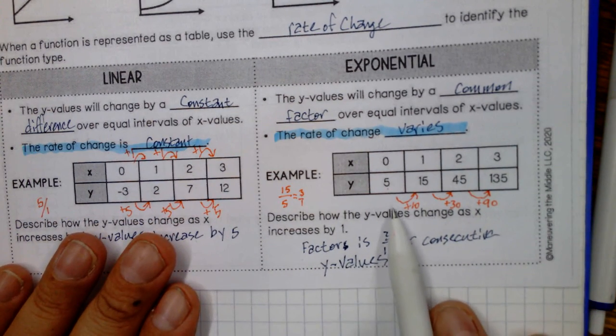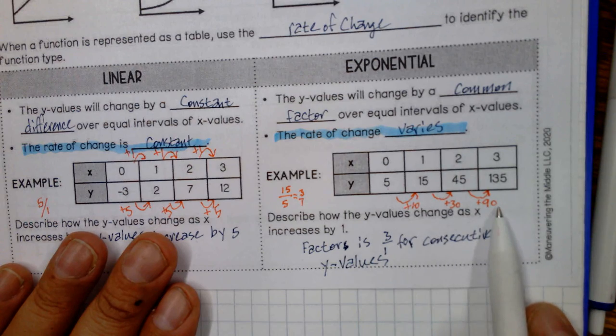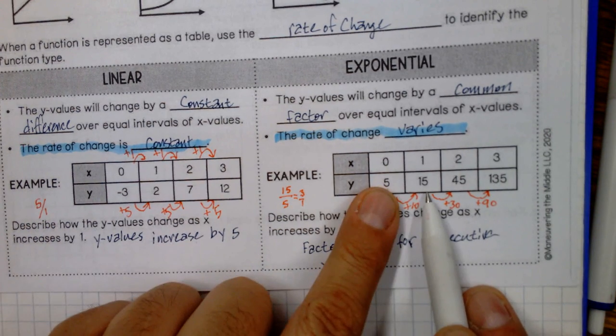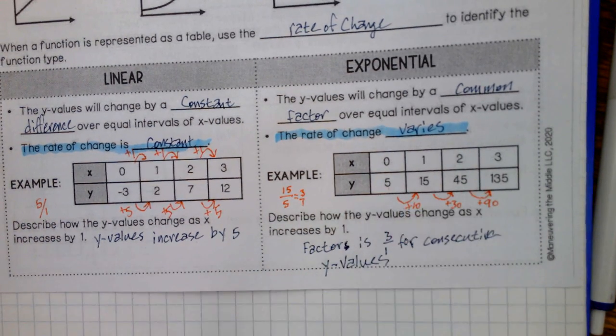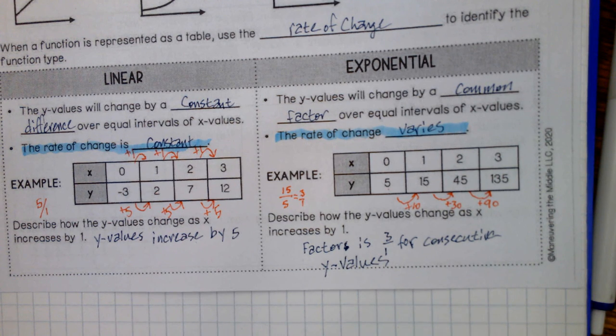So that's typically what we're going to notice. The difference is going to be different. But if you take the consecutive y values and divide them, you're going to get the same thing. And that's what tells you it's exponential. Okay? Any questions?